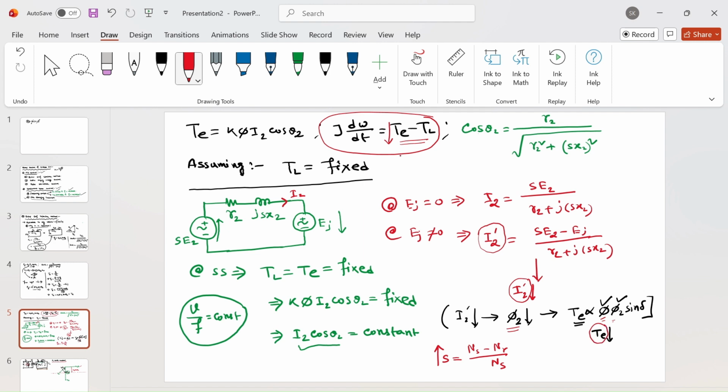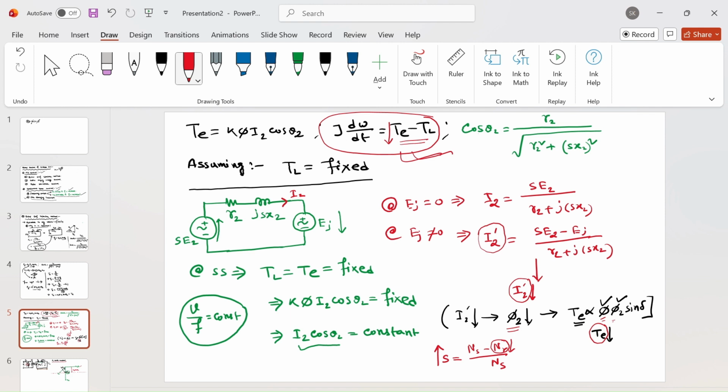And from this particular rotor dynamic equation, as TE is decreasing, TE minus TL, this particular quantity, is becoming negative. Negative means your d omega by dt is negative. That means your omega is reducing. Omega here means the rotor speed is reducing. If the rotor speed is reducing slowly, your slip will increase, right?